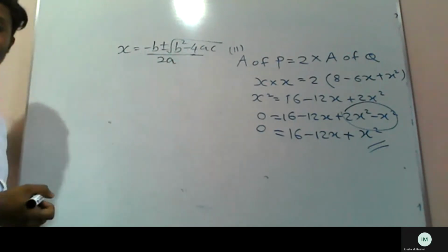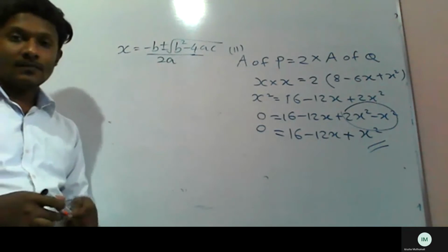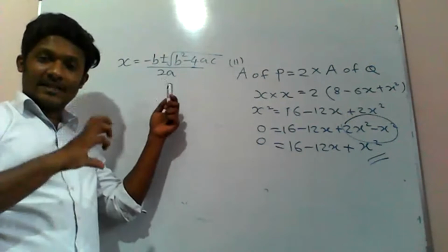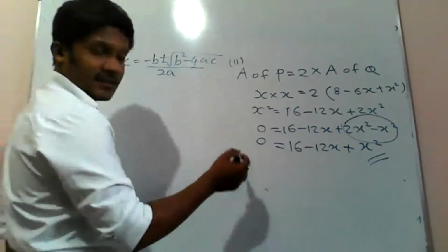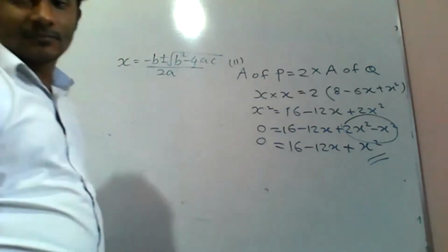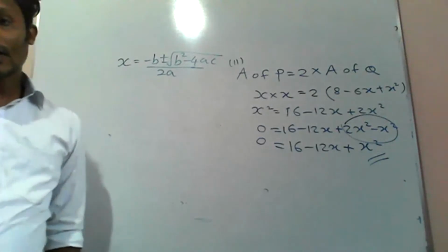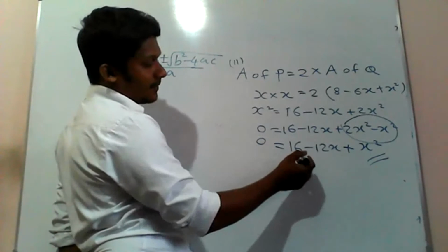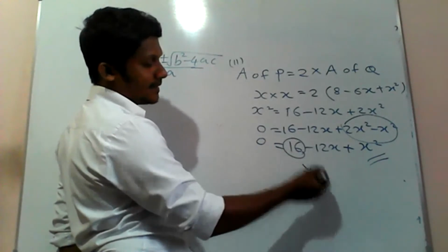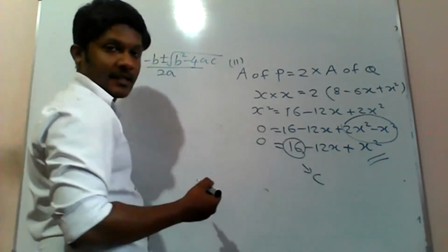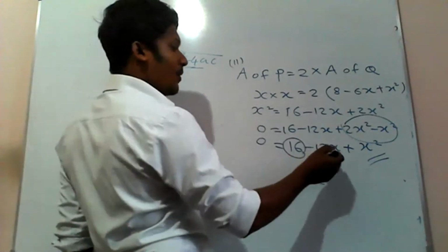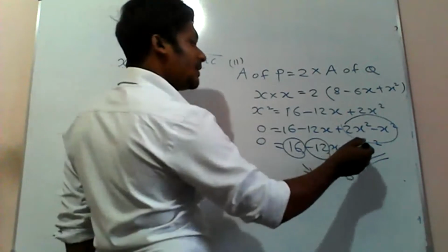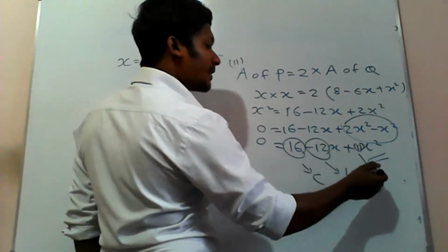A, B, C are the coefficients of the quadratic equation. 16 is the constant term, 16 is C, right? And 12 is the coefficient of x, and 1 is the coefficient of x squared.